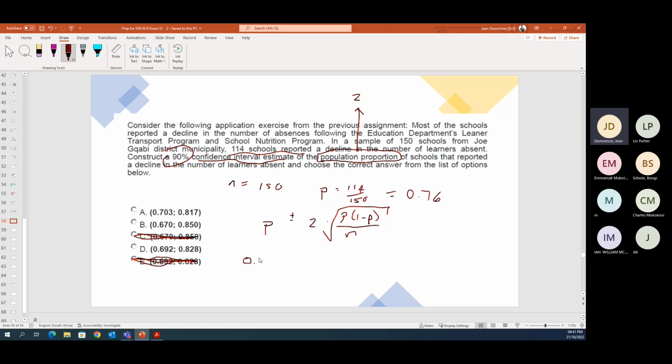So 0.76 plus minus. We're working with a 90% confidence interval, so Z is 1.645. And we still need to work out what that is. So it's 0.76 and 1 minus 0.76 is equal to 0.24.